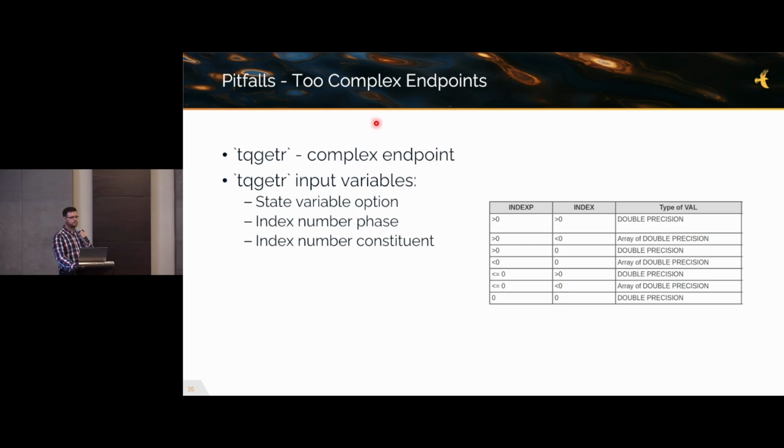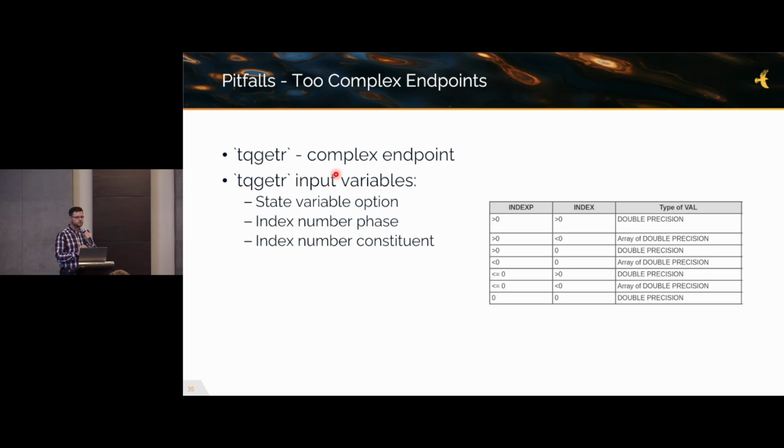Over here, I show an example. This is a method that we didn't show in our examples earlier, but the TQGETR or get result method can become really complex. So this is a single method that can retrieve data in various forms, and then the return type will also differ depending on what type of data you request it to return.